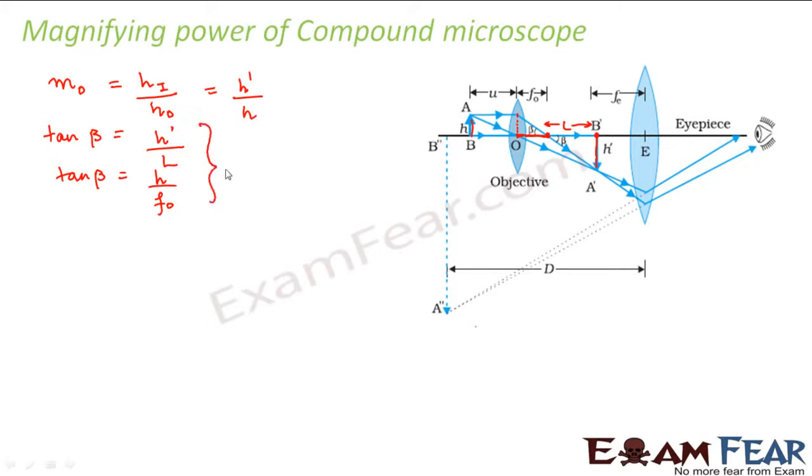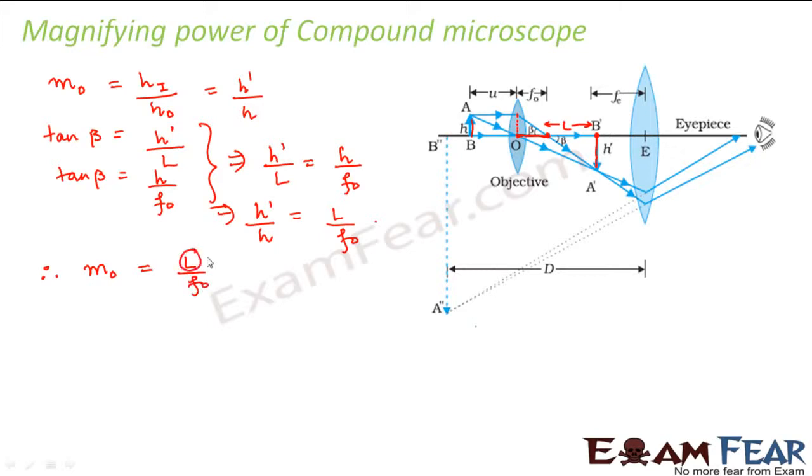From these two equations, h dash by L is equal to h by f naught, or h dash by h is equal to L by f naught. Therefore, the magnification of the objective is equal to L by f naught.